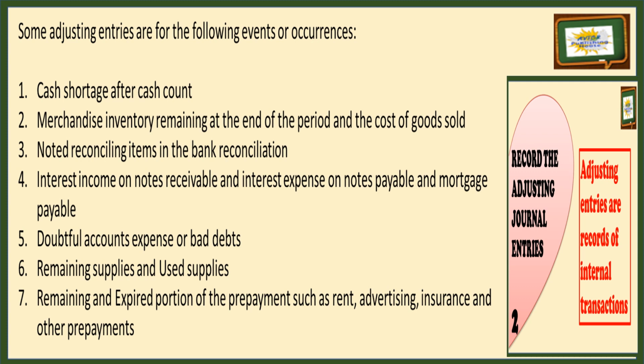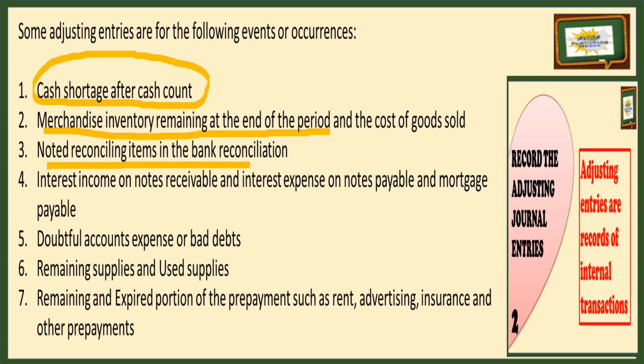So we have the cash shortage after a cash count, then remaining merchandise inventory at the end of the period after physical count, noted reconciling items in the bank reconciliation. So these are items for adjustment.